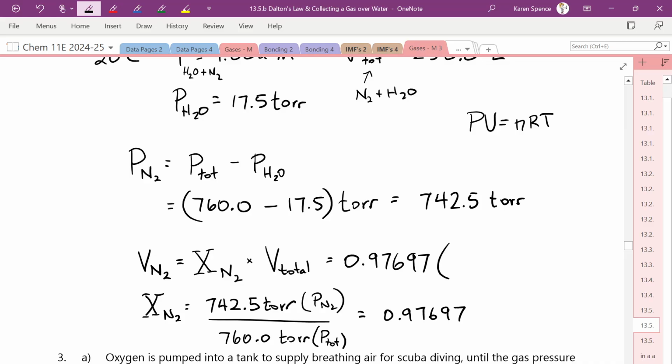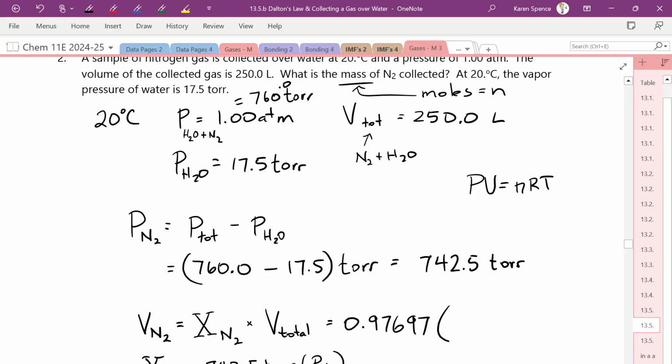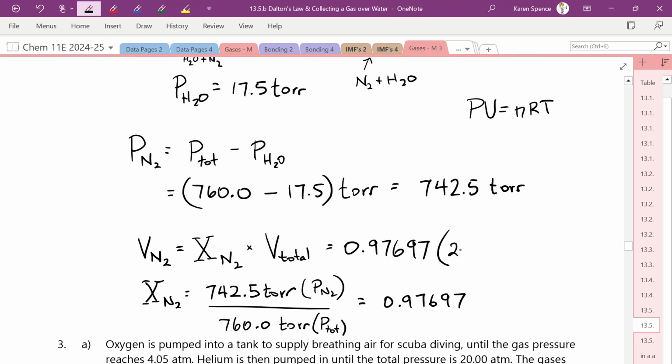And our total volume, we were told we collected 250 liters. So times 250 equals 244.24 liters.